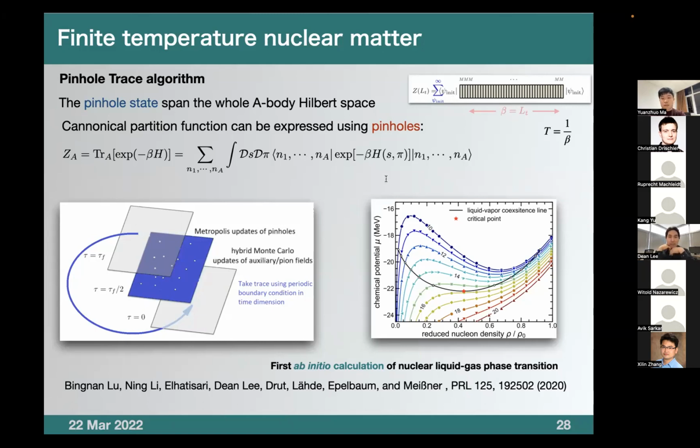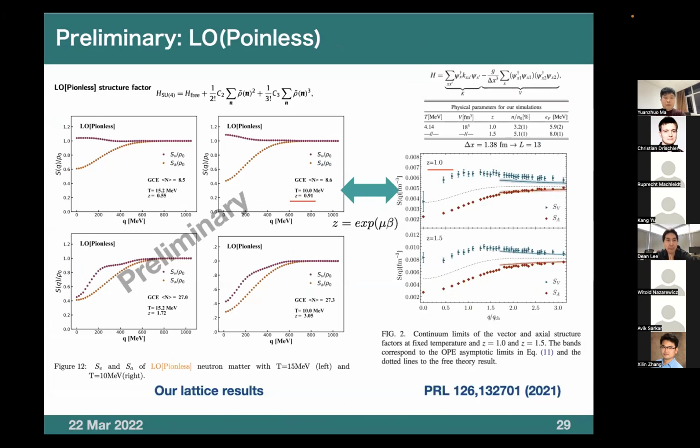With this method, we have the ability to describe neutron matter at a finite temperature. With this pinhole trace algorithm and some other developments, we did a leading order calculation. This preliminary result shows some similarity to the newest simulation.